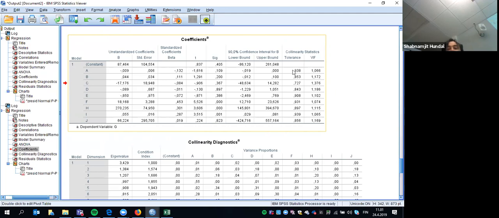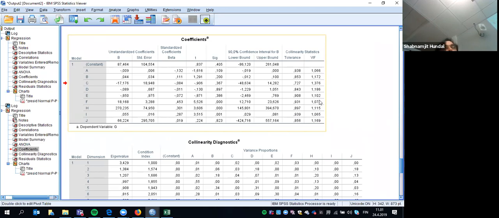If this is below 0.1, or let's say this is more than 10, because 1 divided by 0.1 is 10. If this column now has values below 0.1 and this column values are automatically more than 10, we have a problem.